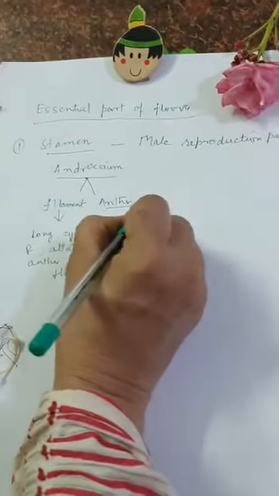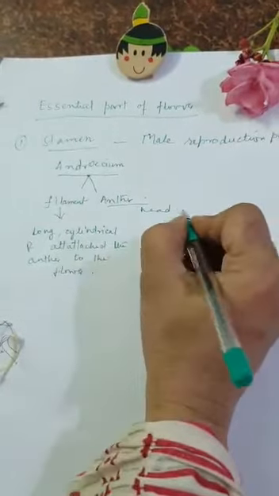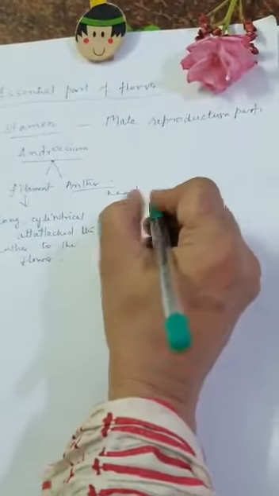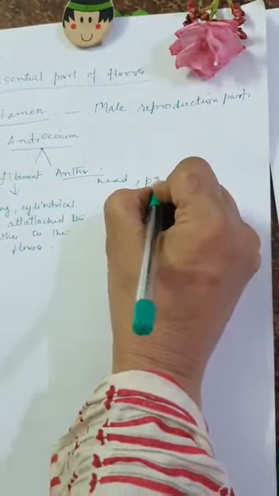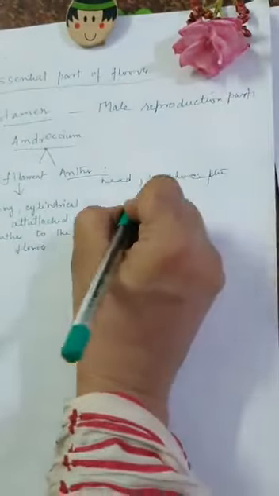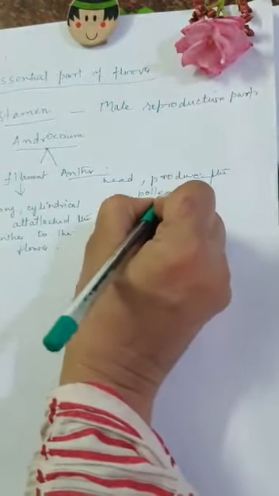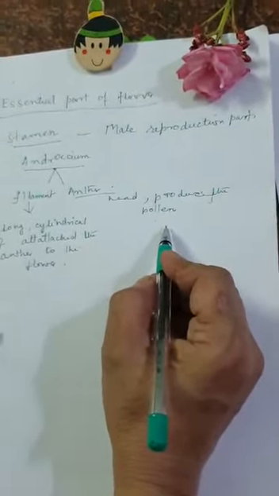Whereas anther is the head of the stamen, and it is responsible for producing the pollen, which is transferred into the female part, which we will learn in another chapter.